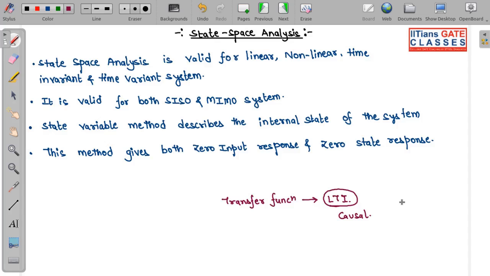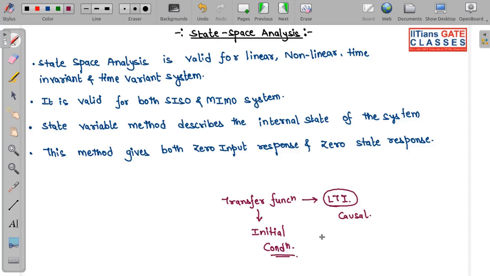One more thing: for writing the transfer function, the initial conditions are always zero. We always consider that the system's initial state is zero.